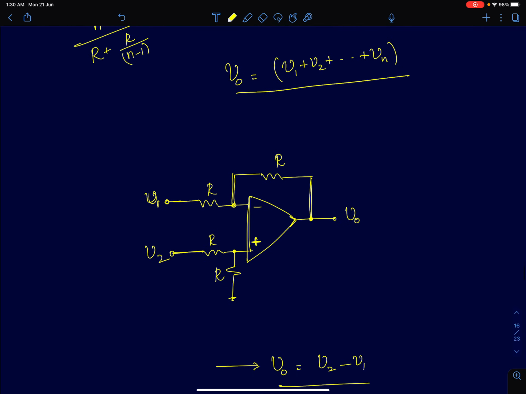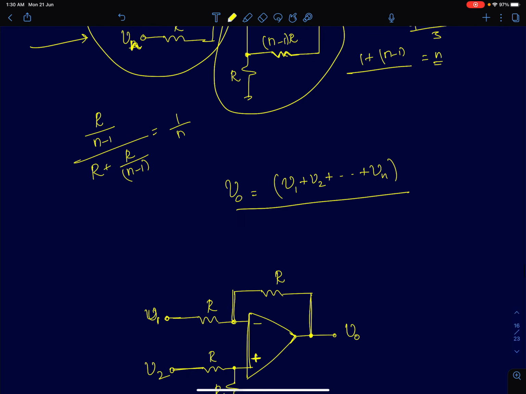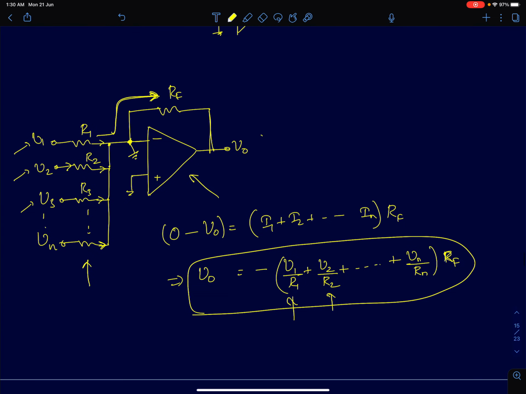Finally, it's a subtractor. If I want to subtract two voltages using a single op-amp, you can take this adder circuit and just invert the polarity of the voltages of your choice. If you want to invert V2, V3, then you get subtraction. That inversion of polarity can be accomplished using another op-amp.